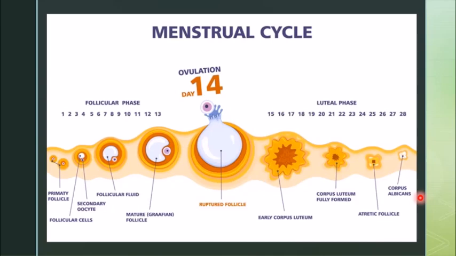Along with the oocyte, the ruptured endometrium lining is then flown out through the vagina, and this is called menstruation or the menstrual cycle.